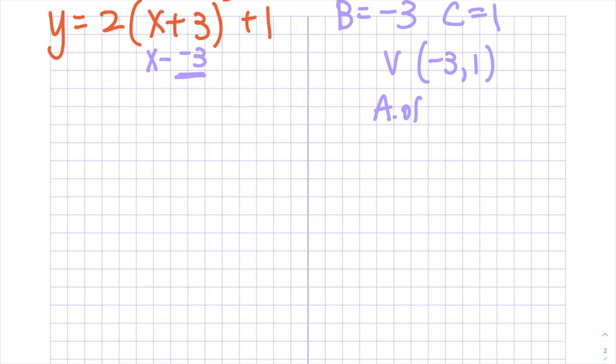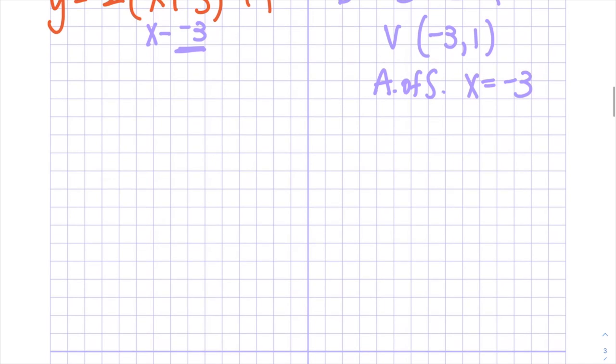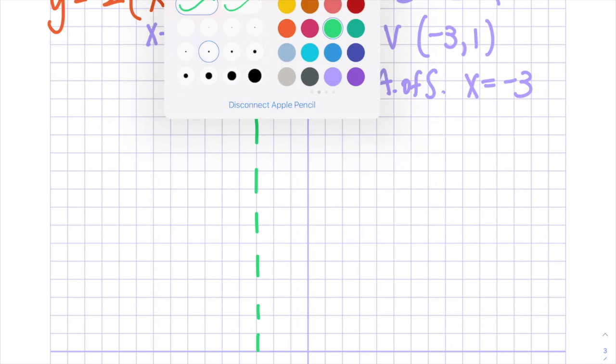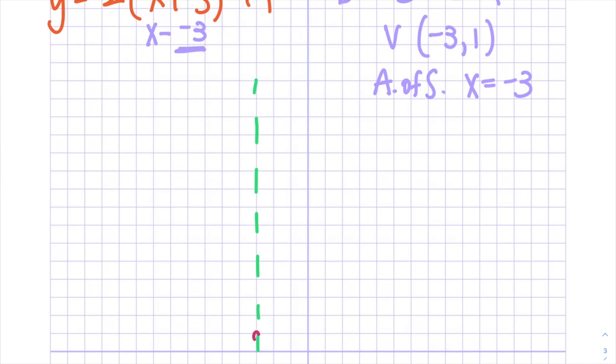Our axis of symmetry is at x equals negative 3. Graph our axis of symmetry, and then that vertex, (negative 3, 1). Last thing to do, create a table of values.